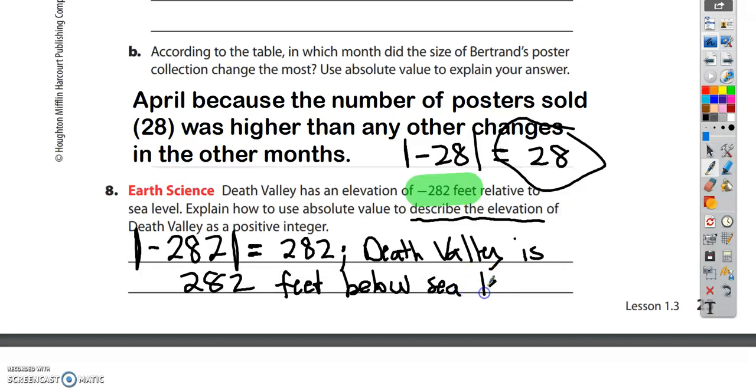Using the word below there describes that this number is a negative number, even though I didn't use a negative sign. That's the key word there. It's still a negative number because of that word below. So double check that you've got the right answer for number 8. Death Valley is 282 feet below sea level. Okay, you're done with page 23. The next video will be page 24.